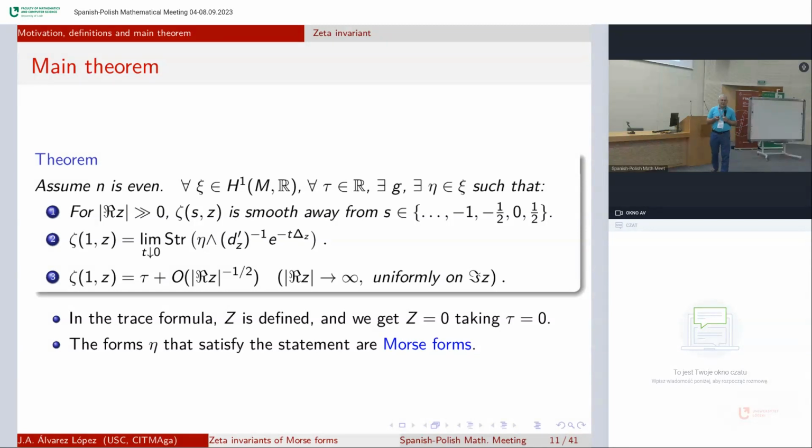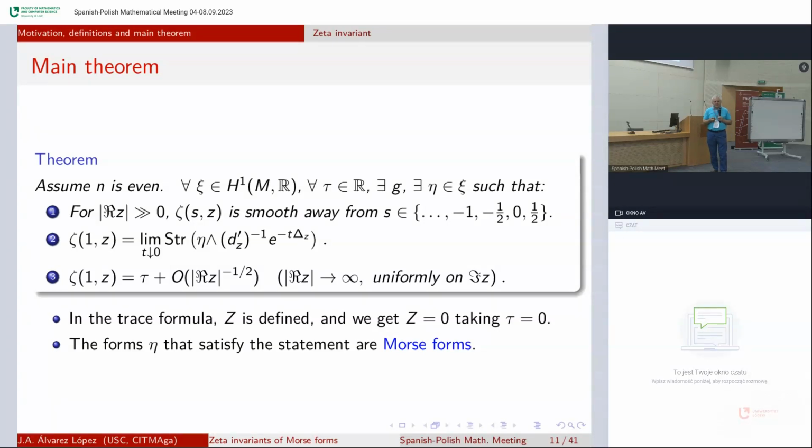And moreover, the value of the theta invariant can be prescribed as the limit when the real part of the parameter goes to infinity, uniformly on the imaginary part, to the given tau.